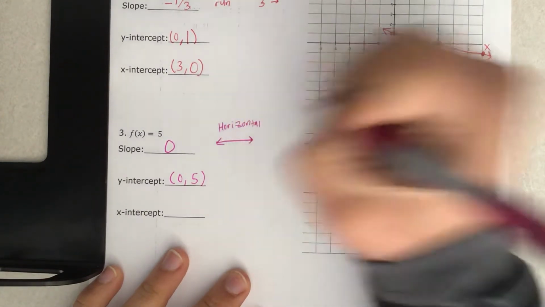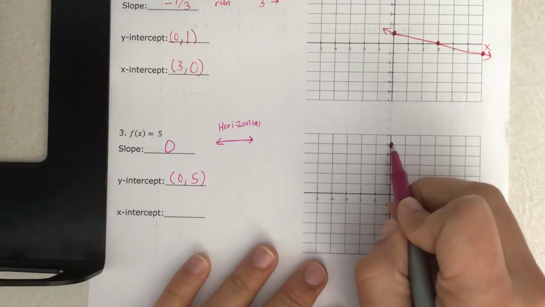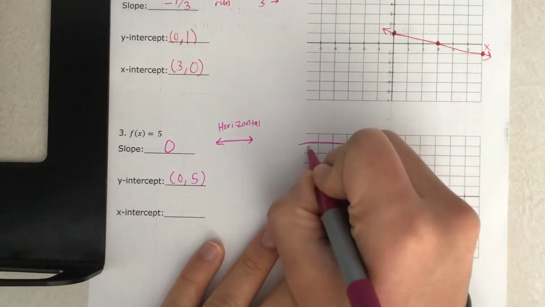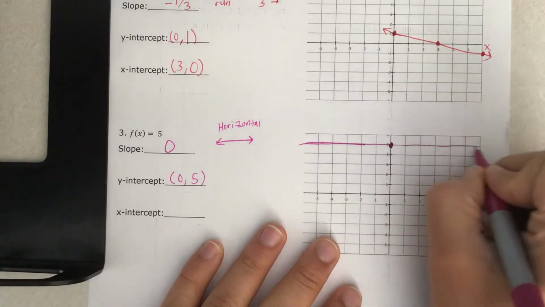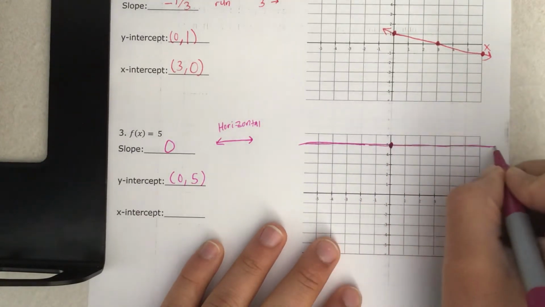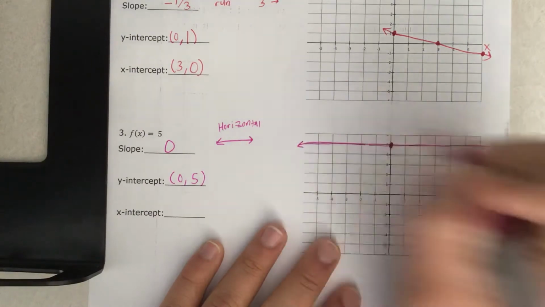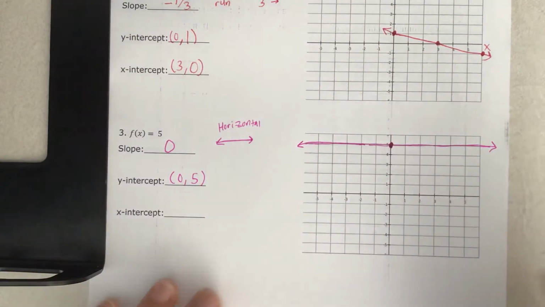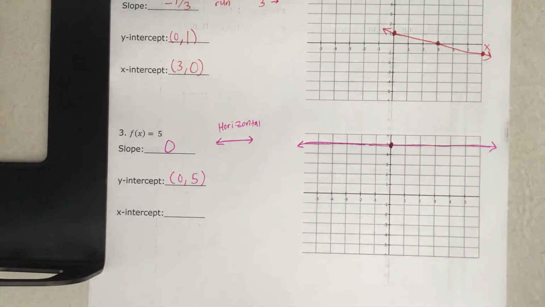So that means from this point, I'm going to have a horizontal line. So all I need to do to graph this is draw a horizontal line. And there it is. That's the graph of f of x equals 5, right? It's a horizontal line at 5, okay?